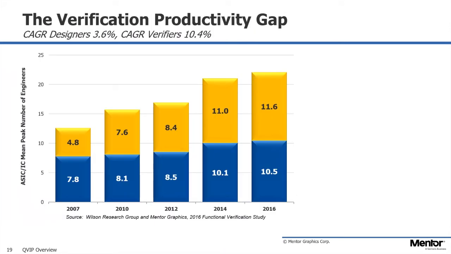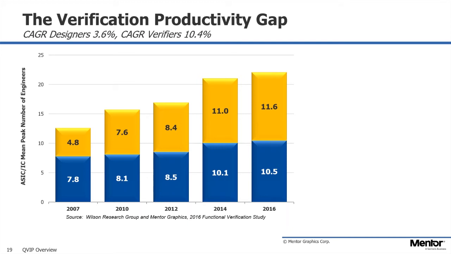This slide is just showing, if you look at the number of design engineers in blue at the bottom versus the number of verification engineers, you can see somewhere in the mid-2000s, in the mid-teens, the number of verification engineers actually started outweighing the number of design engineers on most ASIC projects.